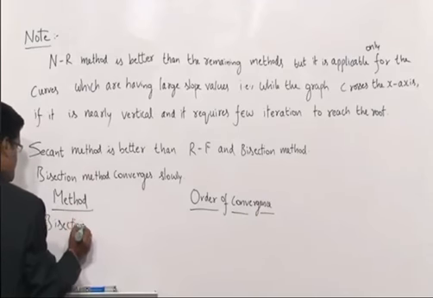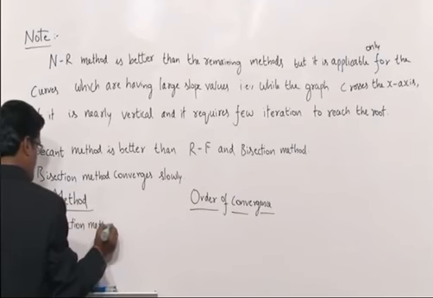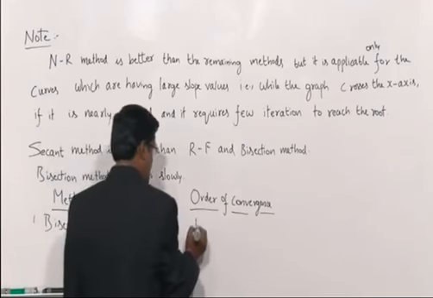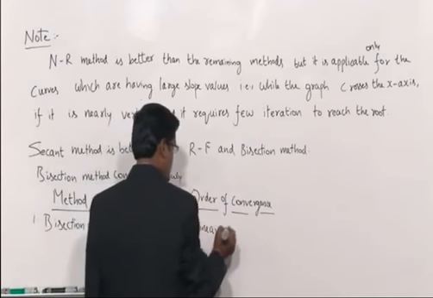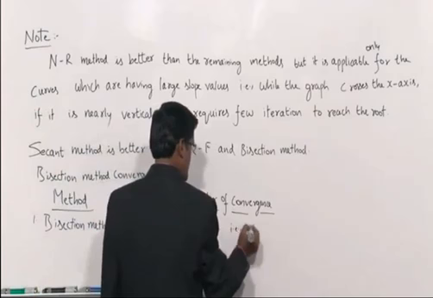Bisection method. Linear, that is convergence is linear, that is order 1.